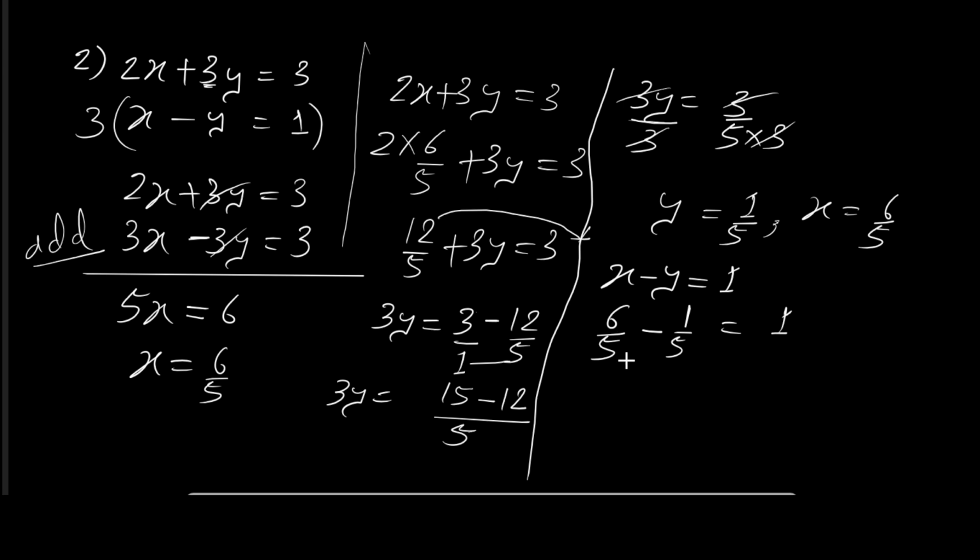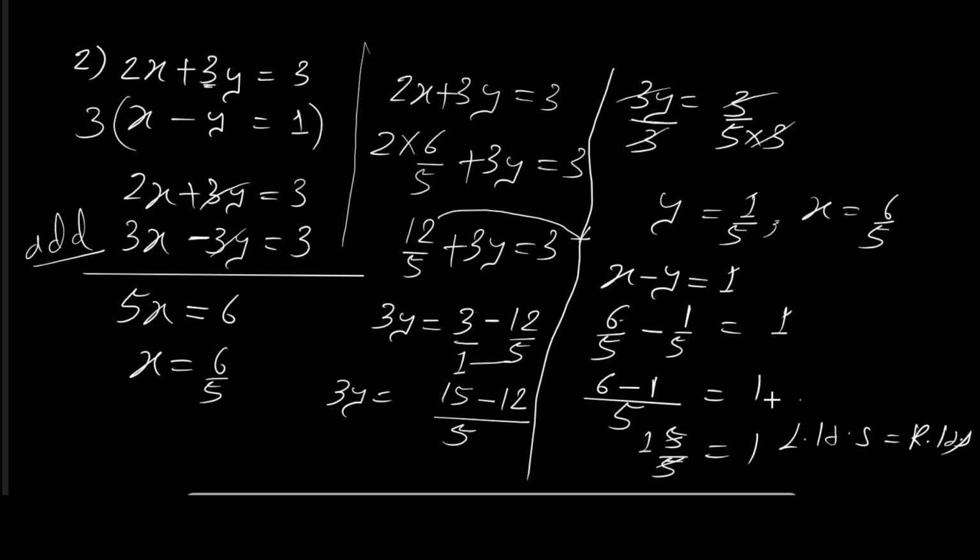We have the same denominator, so 6 minus 1 over 5 equals 1. So 6 minus 1 gives us 5 over 5 equals 1. So here 5 and 5 will cancel out. It will give us 1. So left hand side is equal to right hand side. It shows that our solution, y equals 1 over 5 and x equals 6 over 5, is correct.